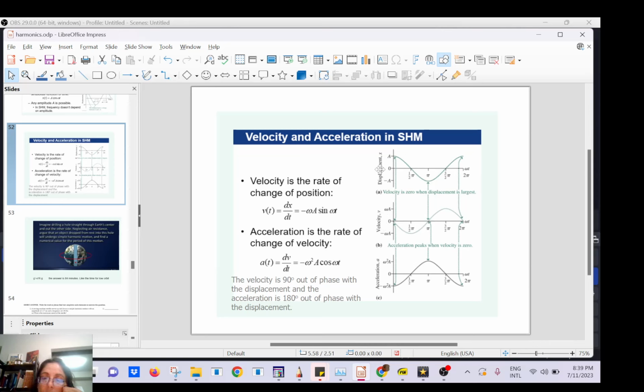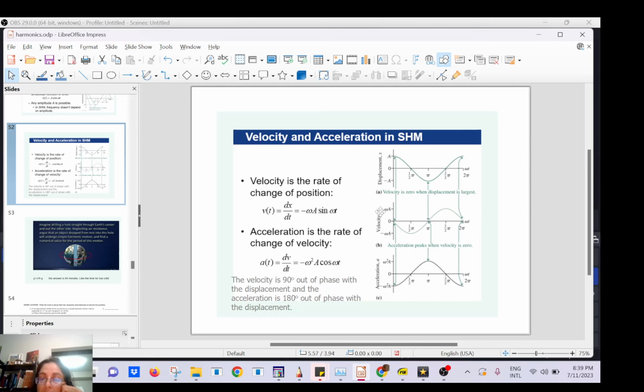This is a cosine; take the derivative, you get a sine. Take the derivative again, you're going to have a cosine again, but with a minus. So this one is cosine omega t times something, and this one is minus cosine omega t times something.